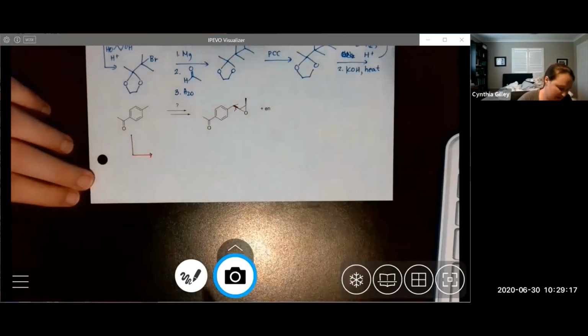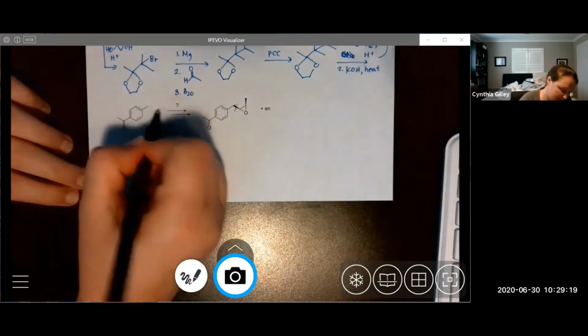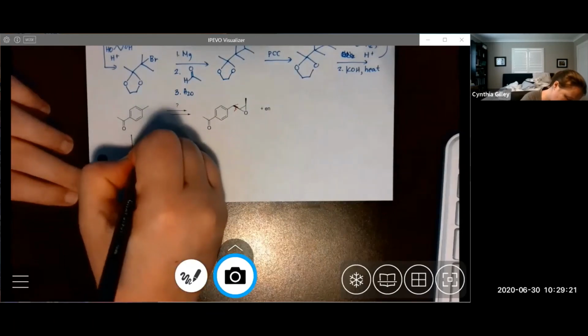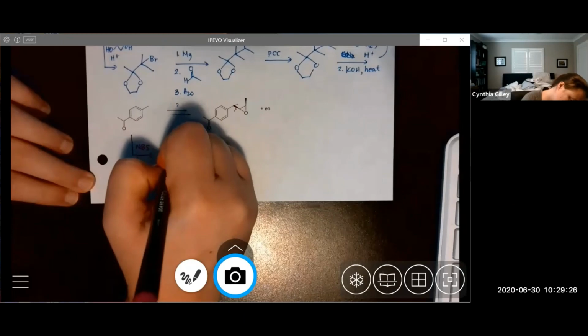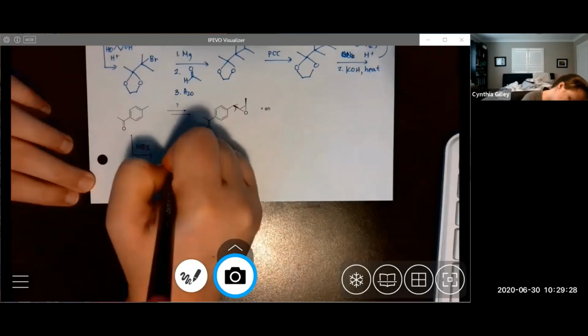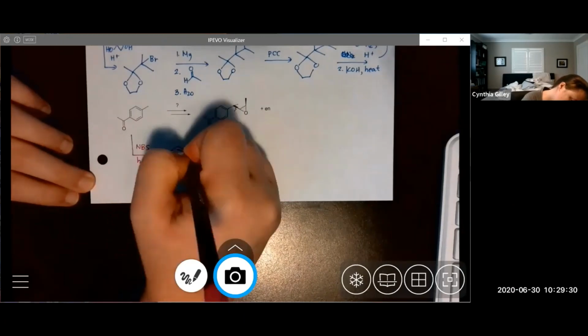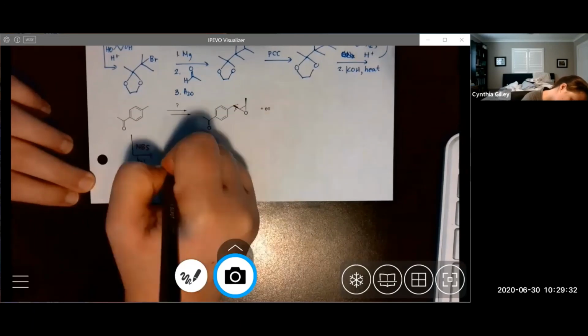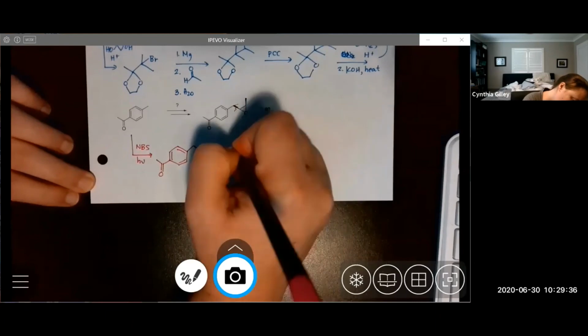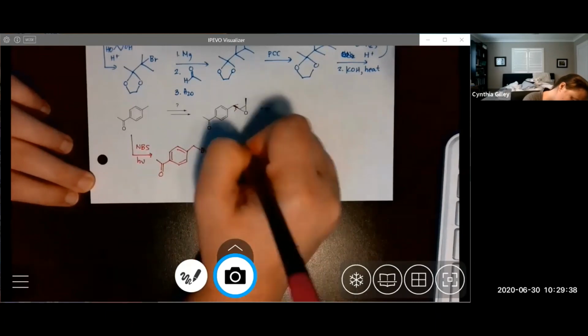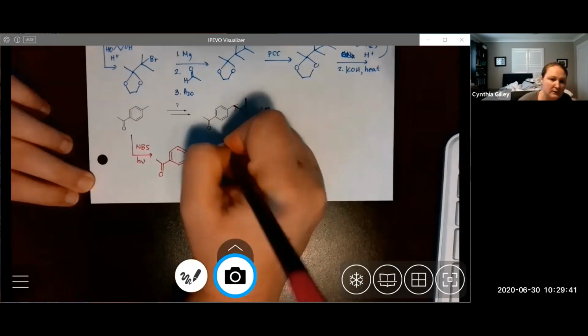So in this case, we don't really need to, we can use it. But first, in order to do that, we need a leaving group. So we need to brominate. So we can brominate on a benzylic carbon. Now we have a good leaving group, and we can introduce the carbons.